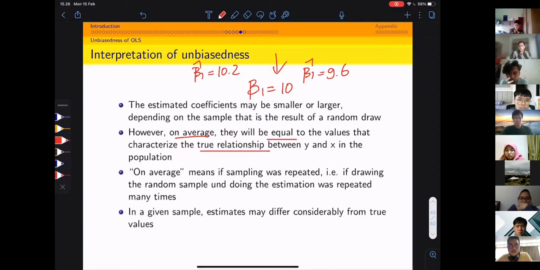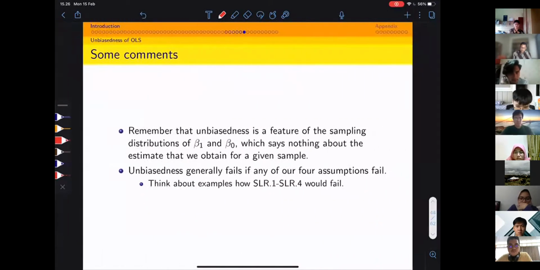Unbiasedness is a property that holds when we do repeated sampling. Again, some comments. Just remember that unbiasedness is a feature of the sampling distribution of beta 1 hat and beta 0 hat. If you revisit your statistics 2 course, then you get an idea of what a sampling distribution is.